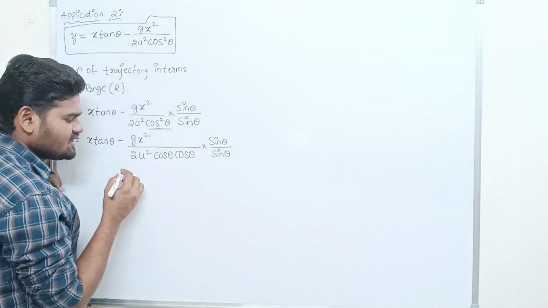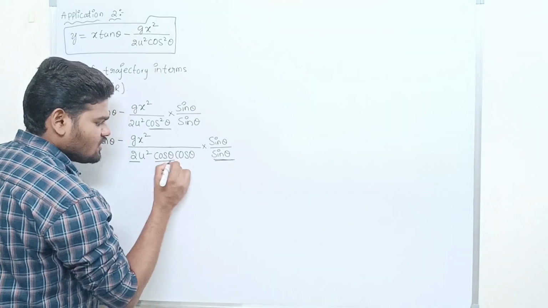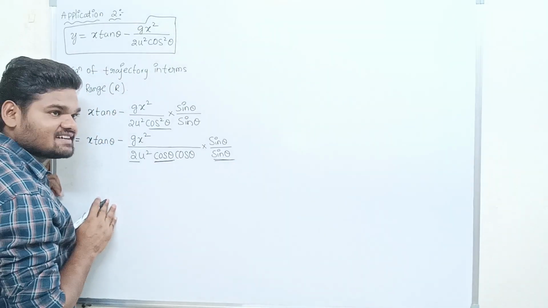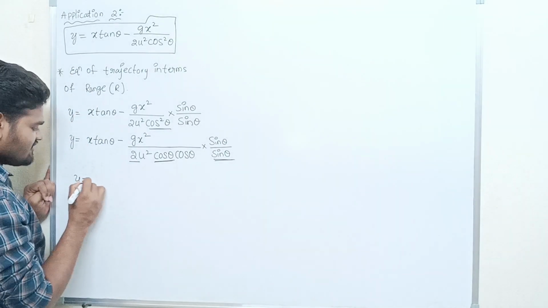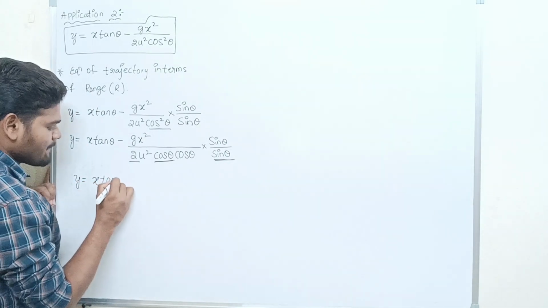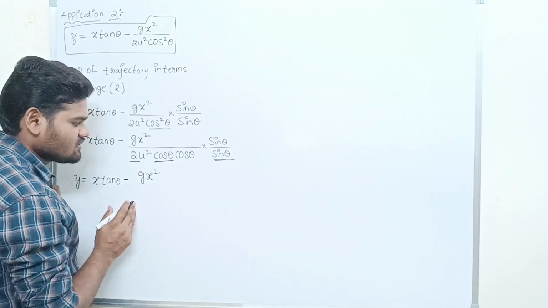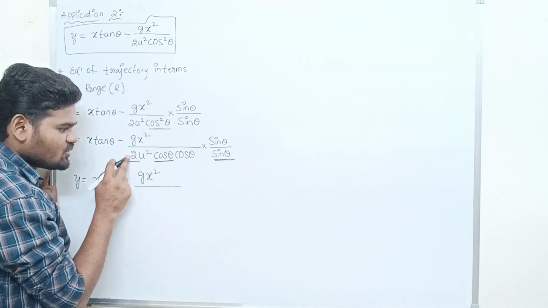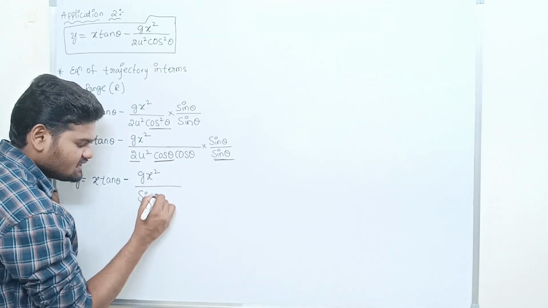From this, 2 sin theta cos theta can be written as sin 2 theta. So y is equal to x tan theta minus gx square divided by 2 sin theta cos theta, which we can write as sin 2 theta.